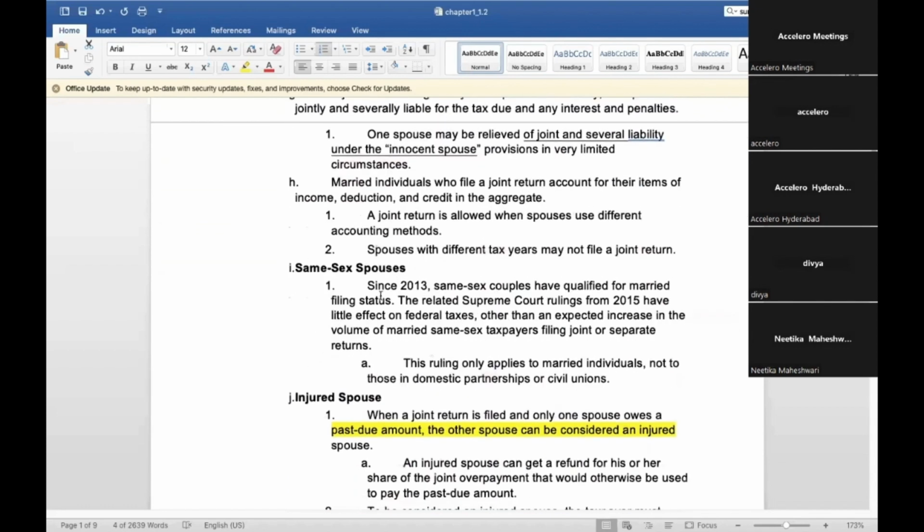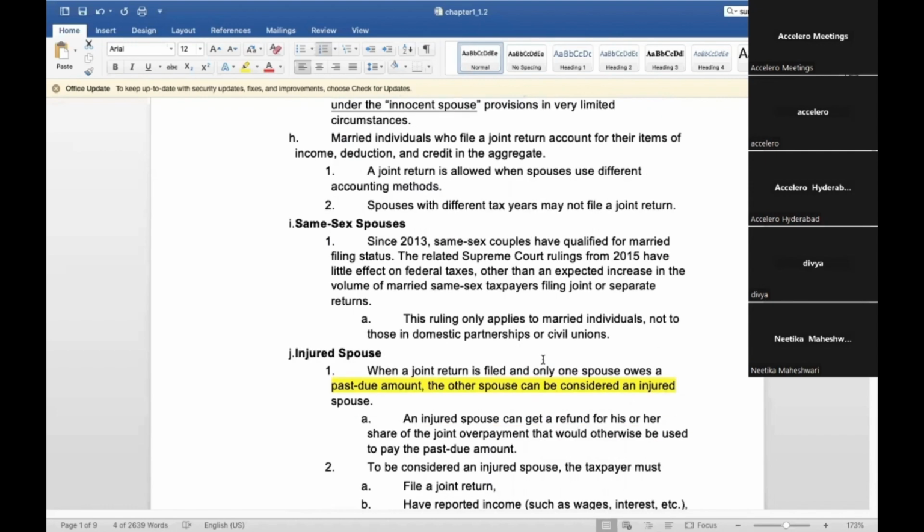Same-sex spouses: in some states in the US, marriages have been allowed, so they get all the rights, but this rule only applies to married individuals and not to those in domestic partnerships. They have to be legally married. So that's also allowed in the US.